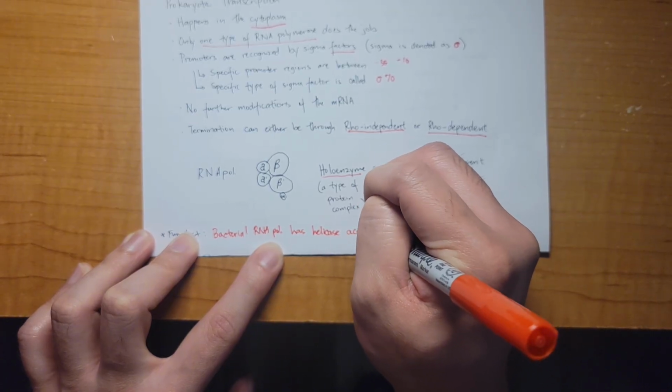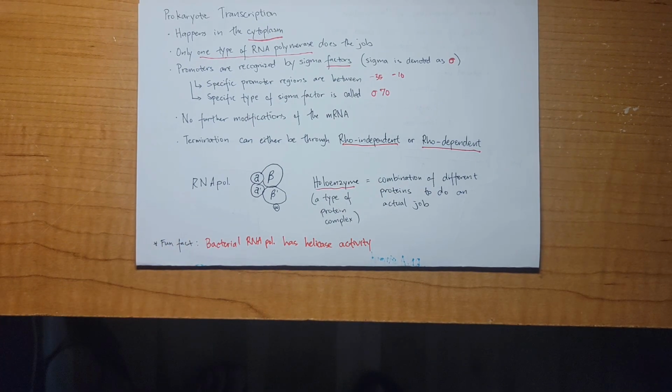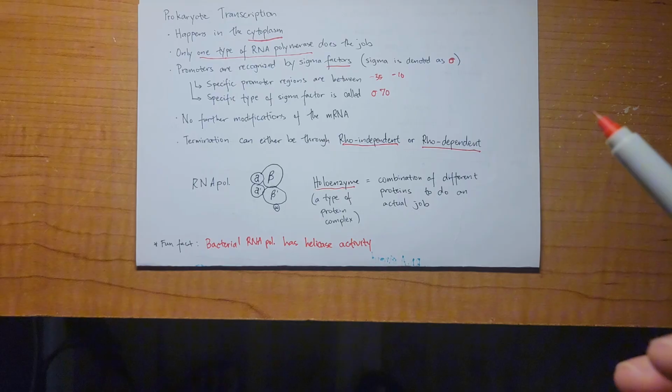If you remember what helicase does, it can break hydrogen bonds between base pairs. Bacterial RNA polymerase can do that by itself. So in bacterial transcription, RNA polymerase is doing everything else; it's unzipping the DNA as it elongates the strand. Alright, time for visualization.